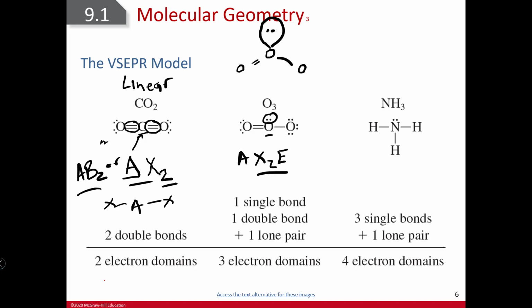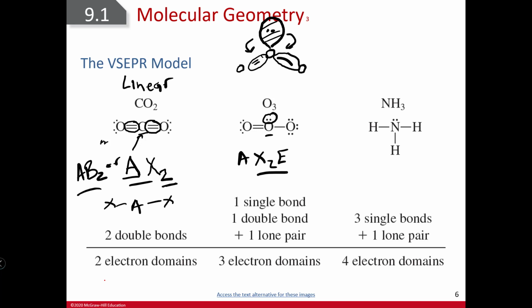Notice this electron pair is a lot more repulsive. It's not being shared with another positive nucleus, and so it takes up so much space it forces these bonding groups, this bonding group here and this bonding group here, closer together. So the non-bonding pair has so much force it forces the bonding groups together.